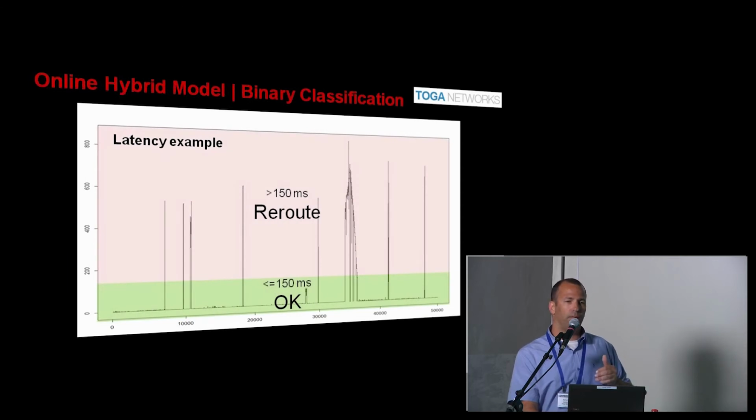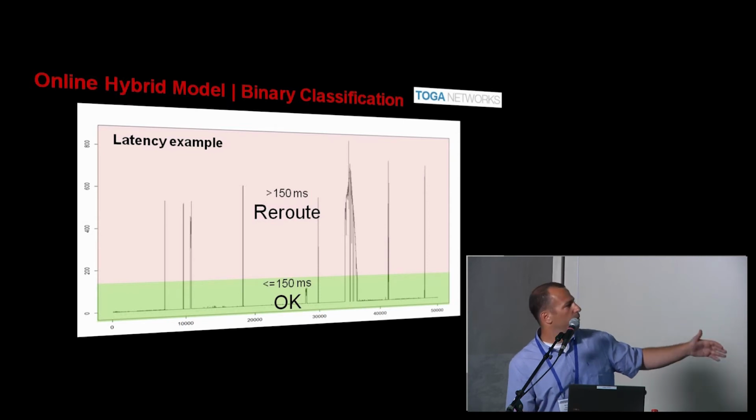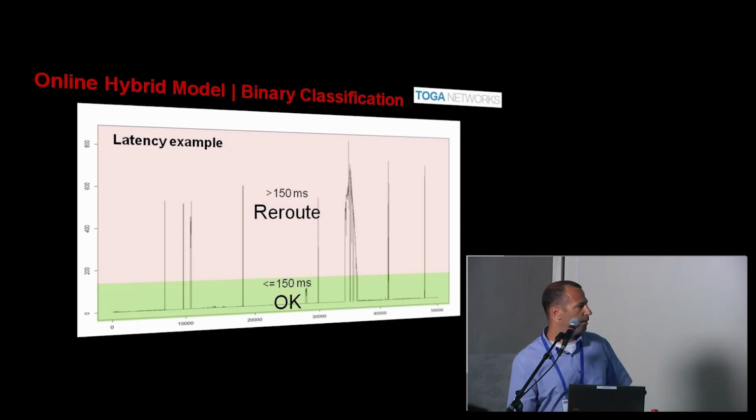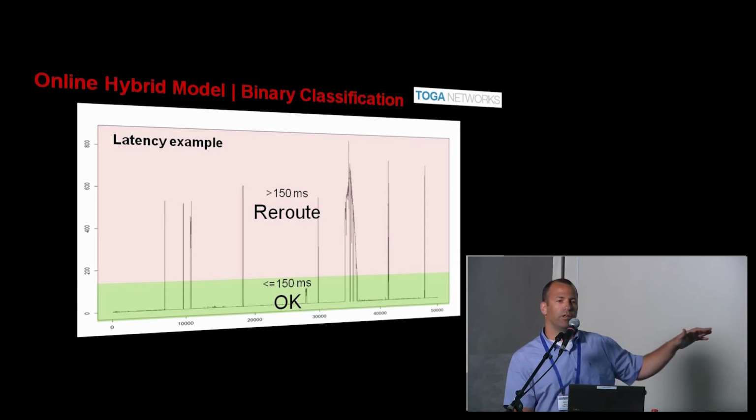For example, if the load balancer decides to reroute when the latency exceeds a threshold value of 150 milliseconds, we can binarize this value. Above 150 milliseconds you reroute, otherwise you stay as you are. This is a simple rule for the load balancer. And we test our forecasting model using classification evaluation, such as recall, precision, and so on.